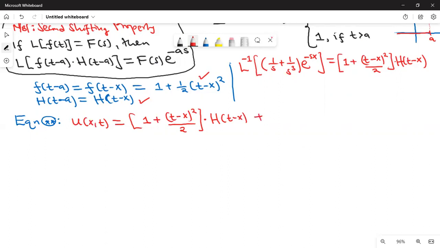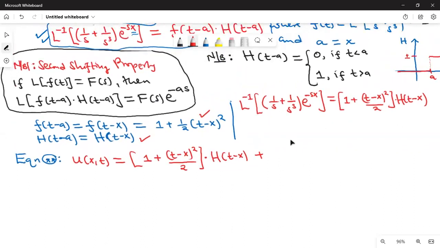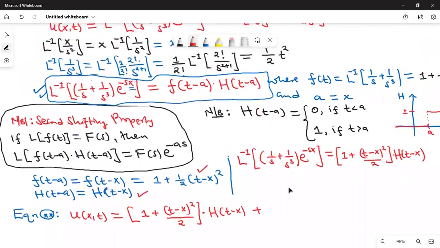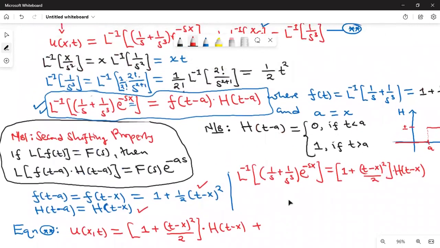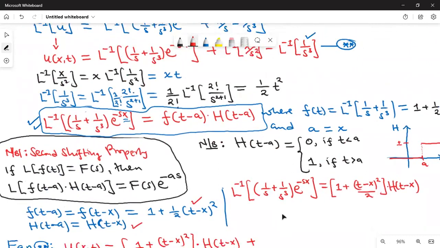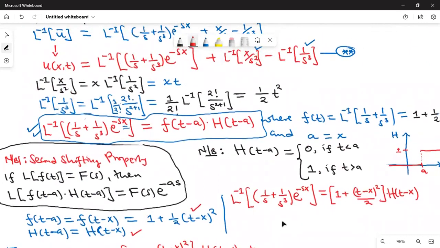Plus we got the other one. What did we get? Let's check. In the second term, we got x times t. I'm going to write x times t in the second term.